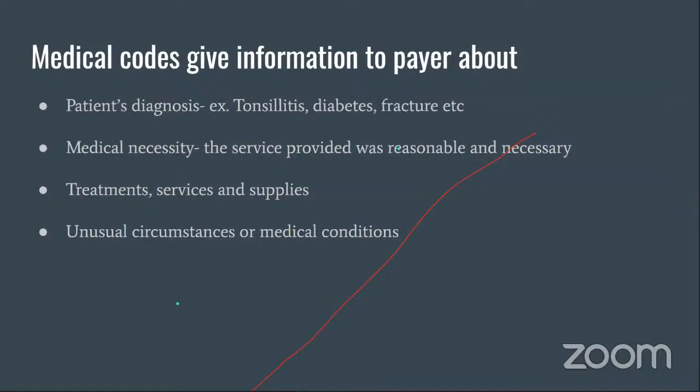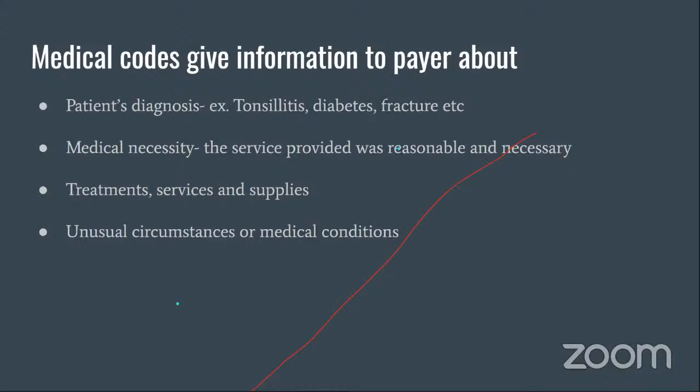All these things are covered in the treatment, services, and supplies. Or if any small procedure was done, like a lumbar puncture, or something that can be done in the office, ambulatory service center, surgery center, or even the doctor's office, these things are communicated. That is number three.